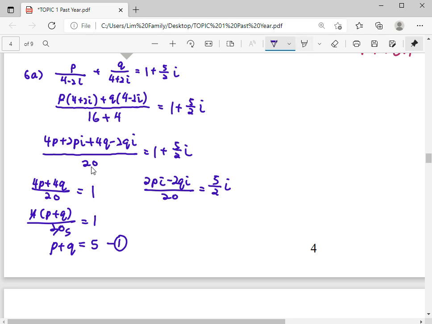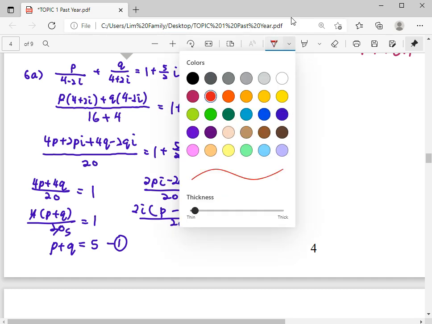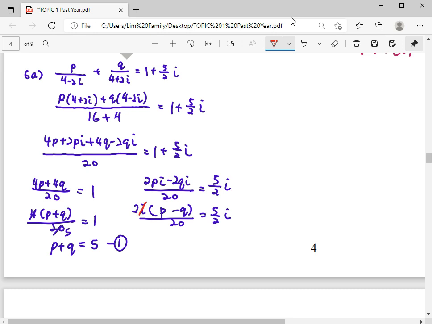Meanwhile, for this i, we can factorize it. We can factorize 2i, p minus q divided by 20 equals to 5 over 2i. So imaginary part I can cancel each other. And then this division will get here to 10.